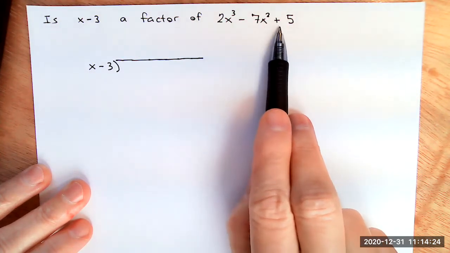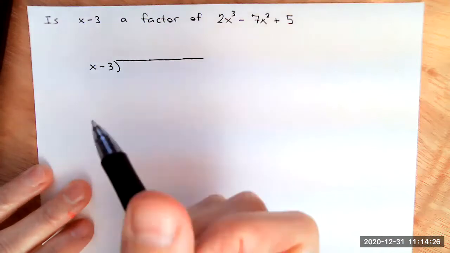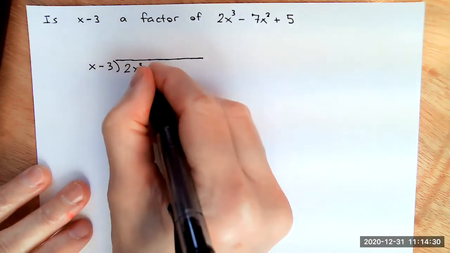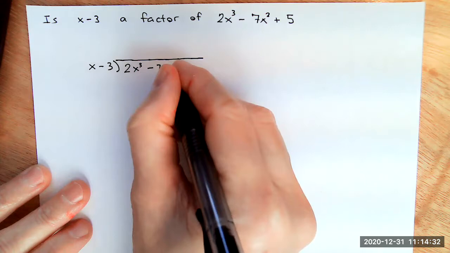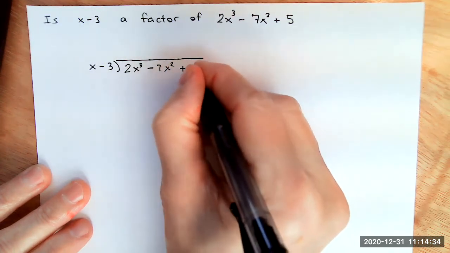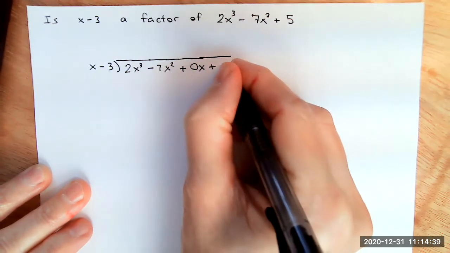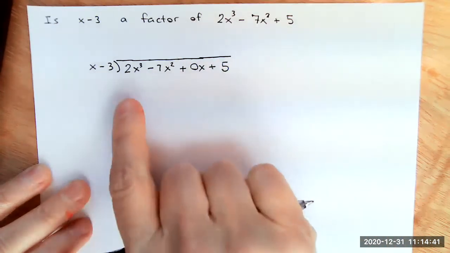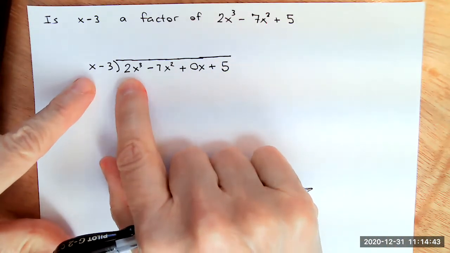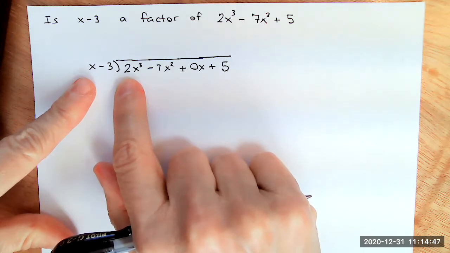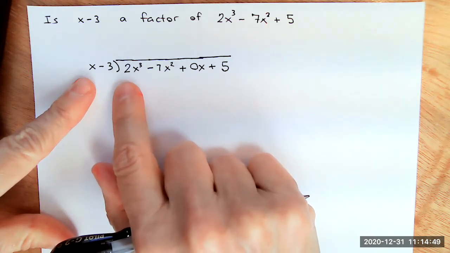And the answer is yes, because there's no x term. So we just write 0 times x as a placeholder. Then we look at the leading coefficient and we ask, what do I have to multiply x by to get 2x cubed? And that would be 2x squared.